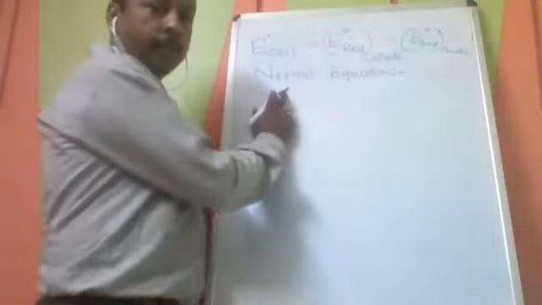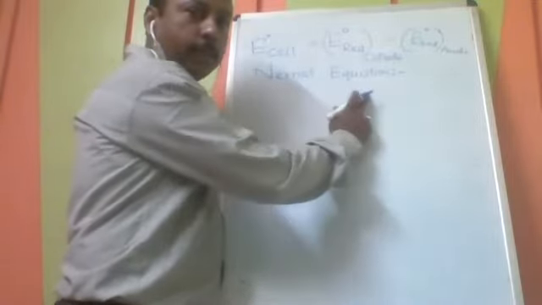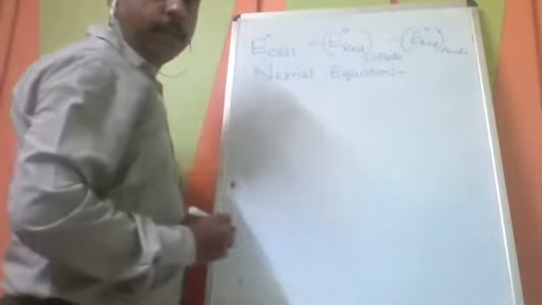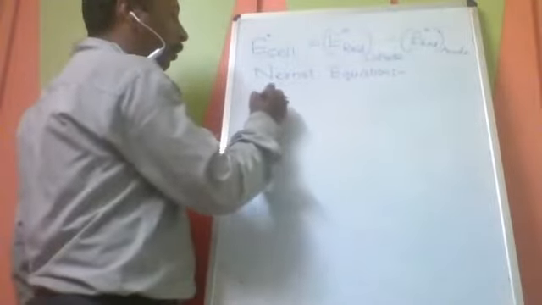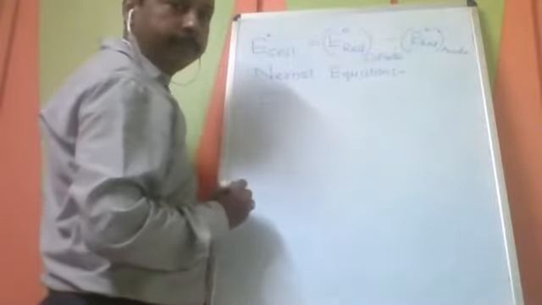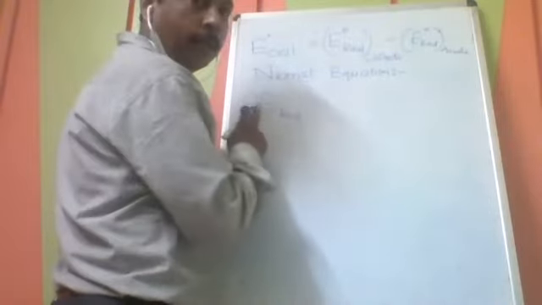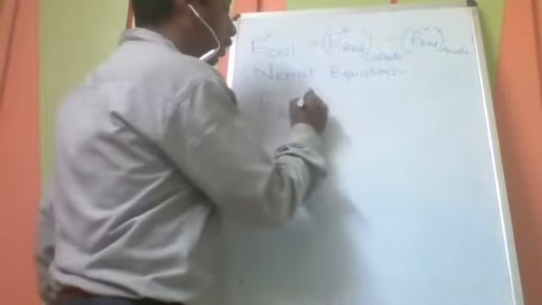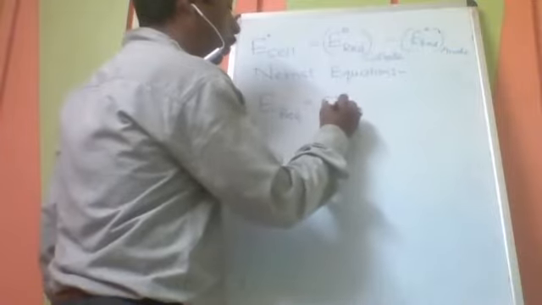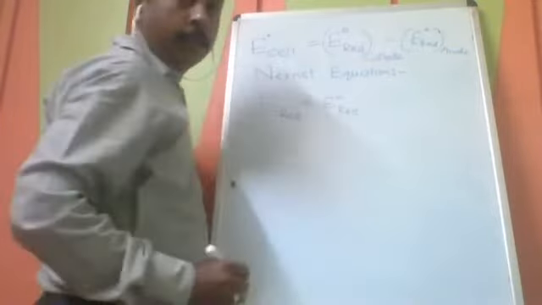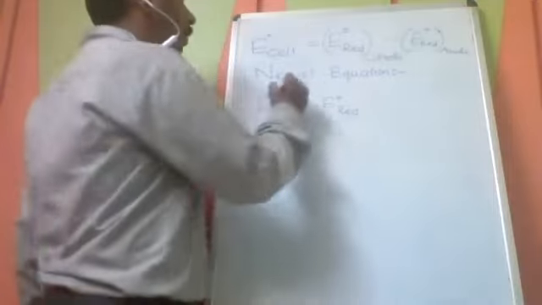Nernst equation is used for finding out the E reduction potential, which is equal to E naught reduction potential minus a correction term.